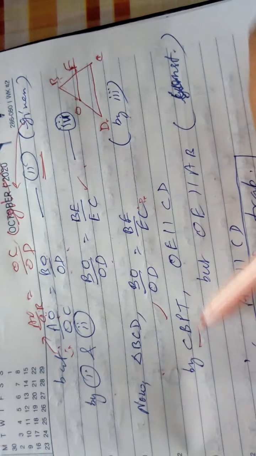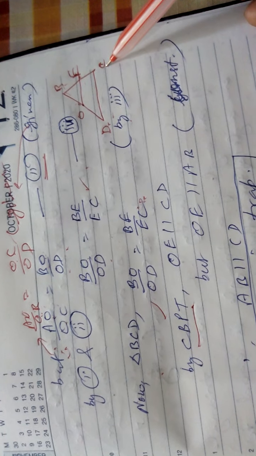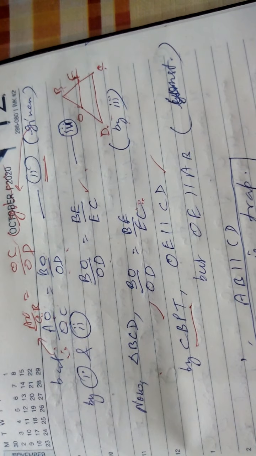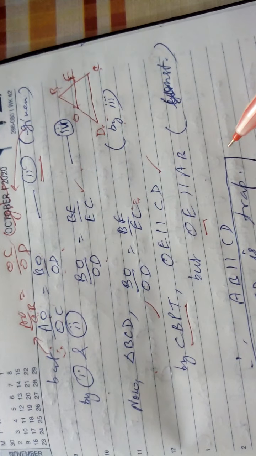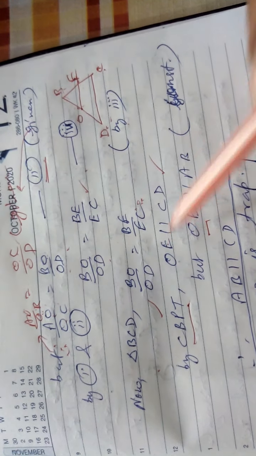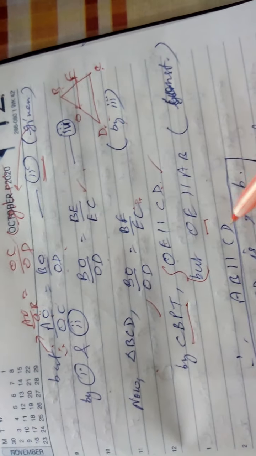So by converse of BPT, OE is parallel to CD. But by construction OE is parallel to AB. By comparing these two, you are getting AB and CD parallel.